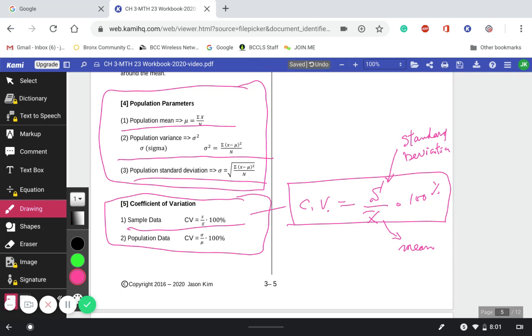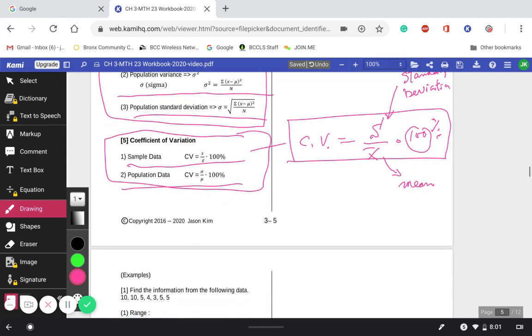Since it's s and x bar, I guess they are dealing with sample data. And then you multiply by 100 to get the percentage. So the coefficient of variance is needed sometimes to analyze your data better. This is the formula you use to find the coefficient of variance of the sample data. And this is the formula of getting a coefficient of variation, I'm sorry, I keep saying that, of population data. They're exactly the same, except the symbols look a little different.